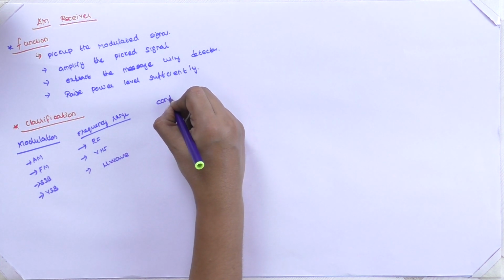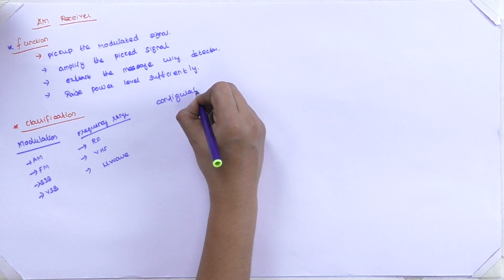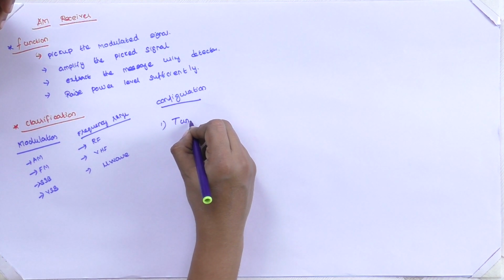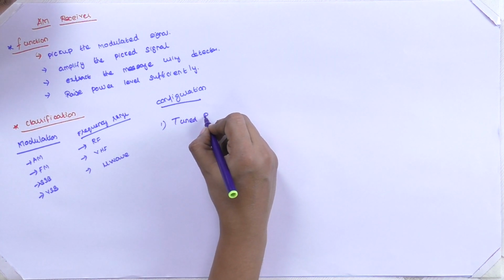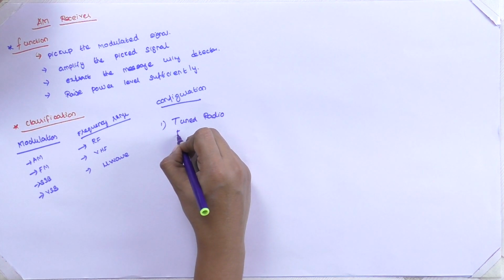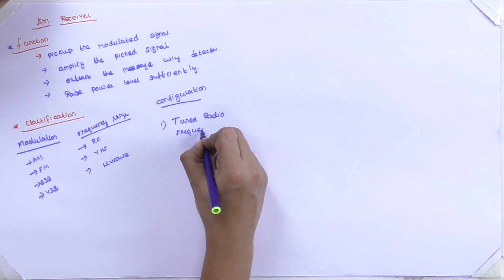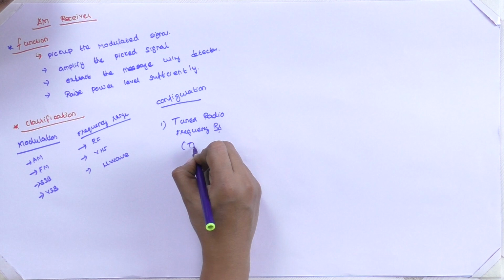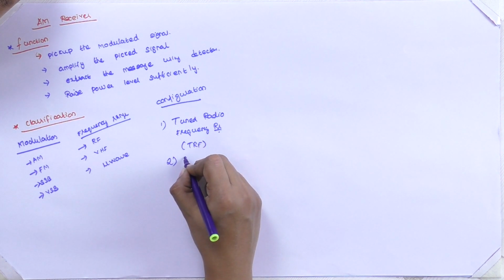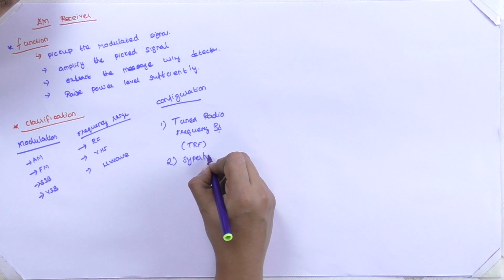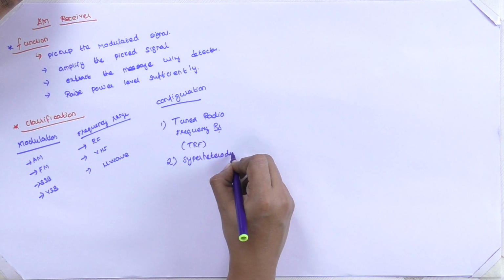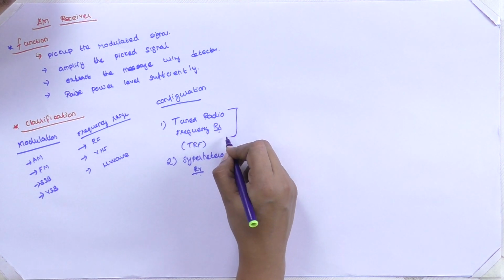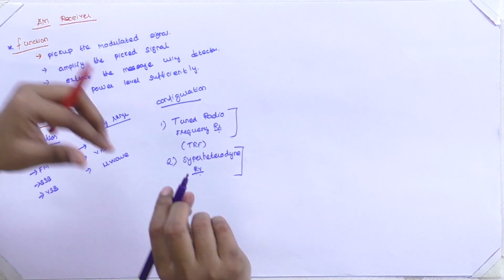Based on the configuration, it can be classified as tuned radio frequency receiver, or simply TRF, and the second one is super heterodyne receiver. We are going to study TRF receiver and super heterodyne receiver.